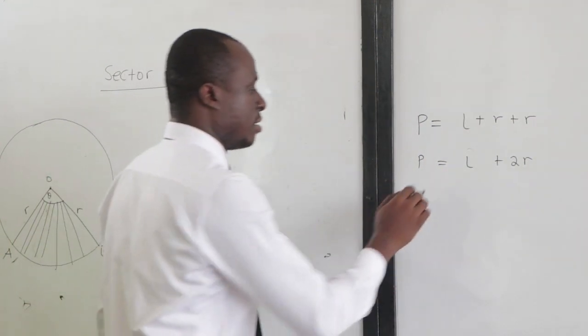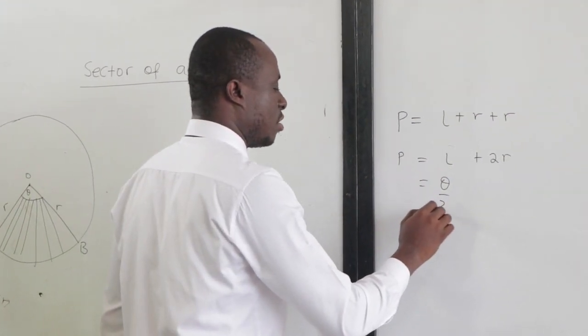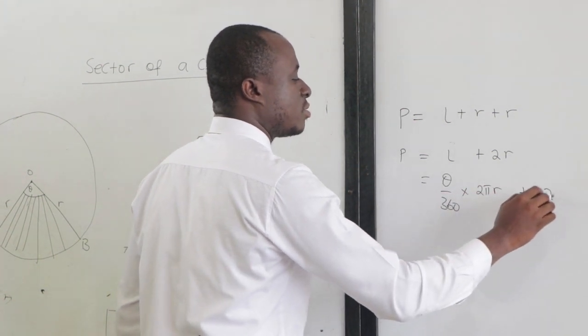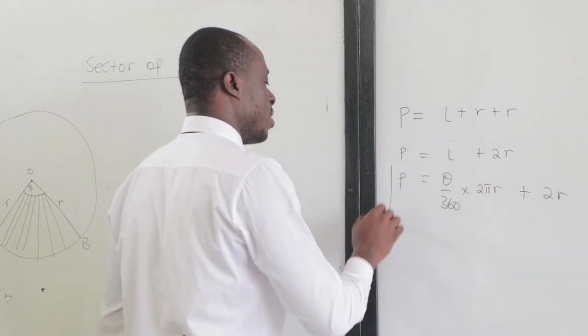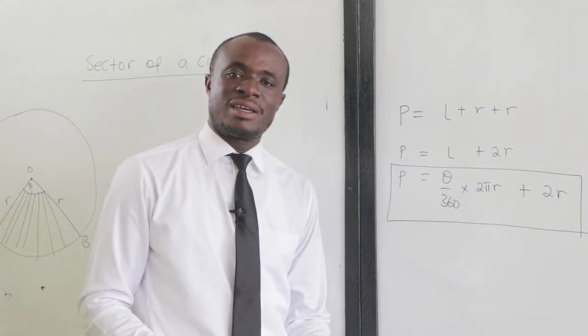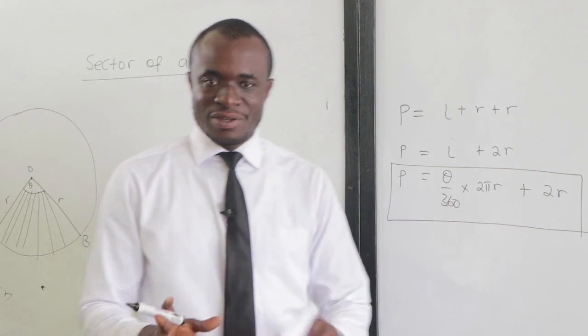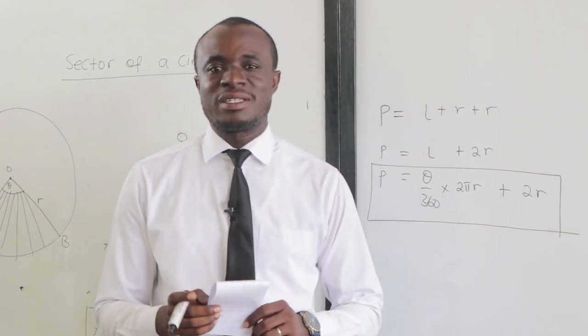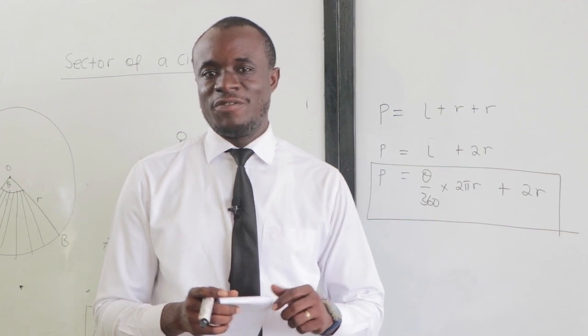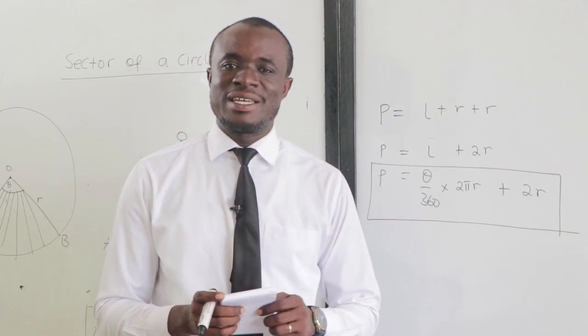Now, what is L? The arc length, which is theta over 360 times 2 pi r, plus 2r. So this is the perimeter of a sector. Don't just memorize the formulas, but know how we were able to deduce them. If you do that, you will never forget them.